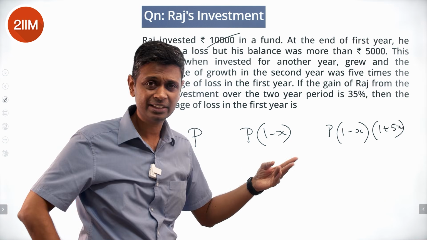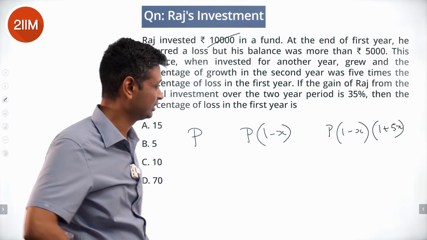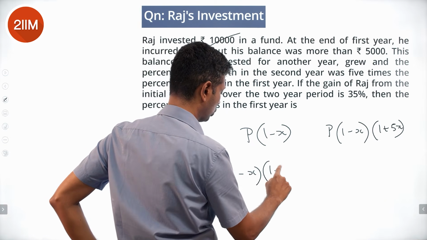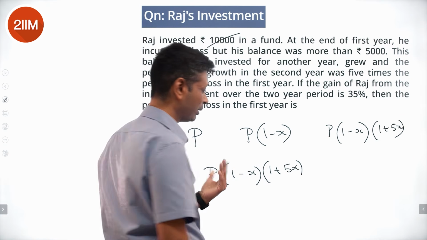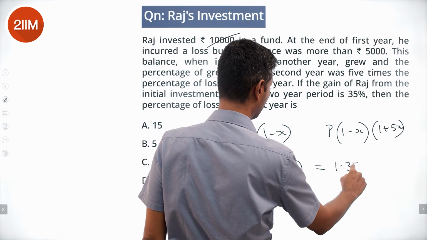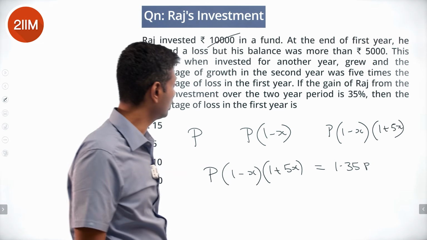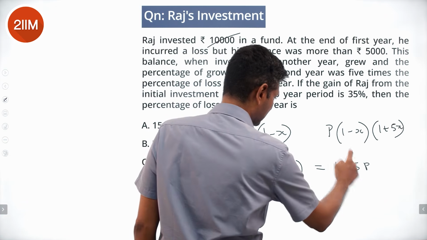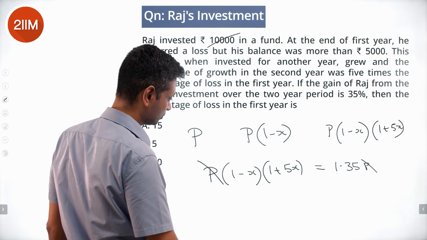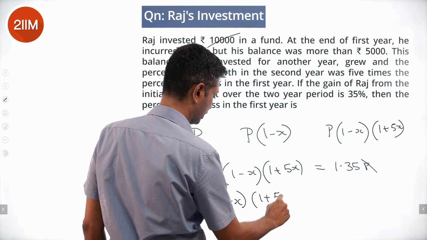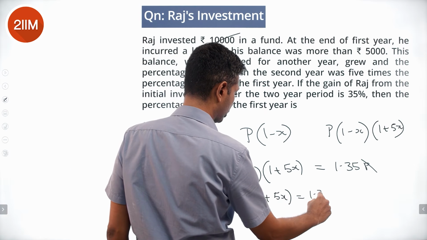P into 1 minus x, P into 1 plus 5x, where x is r by 100, percentage by 100, equals 1.35P. Overall return was 35%. So 1 minus x into 1 plus 5x equals 1.35.